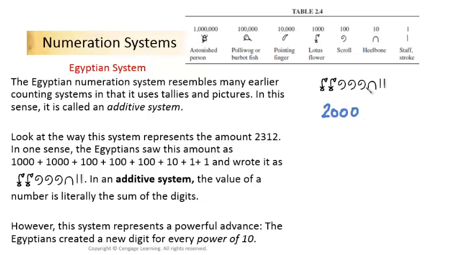There's 3 of these scrolls, that would be 300, 100 plus 100 plus 100, or you're just adding these up. 1 heel bone, and 2 staff, and you just add this up and you get 2310, oops, 2312, sorry. So what you'll get in powers of 10 or in base 10 system that we typically use. So let me write my 2 so that I can add in there. Okay, so beautiful.